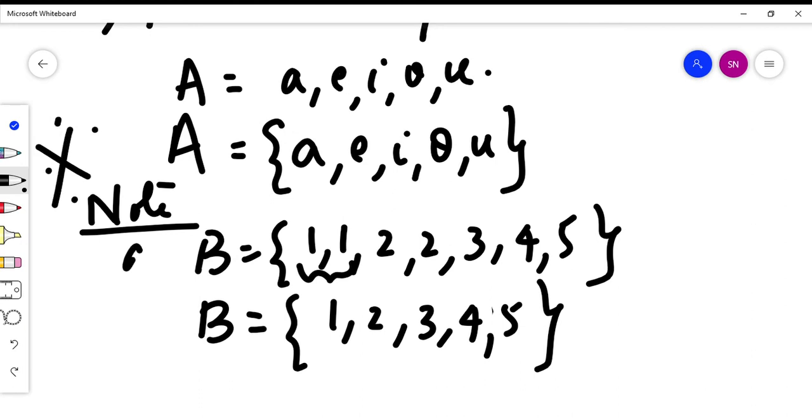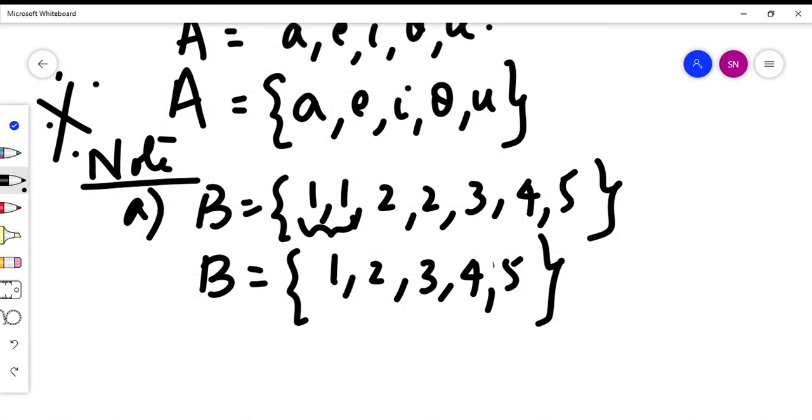And one more important note is that order of elements does not matter. Order of elements does not matter in the sense, for the same example, I have set B is equal to {1, 2, 3, 4, 5}.